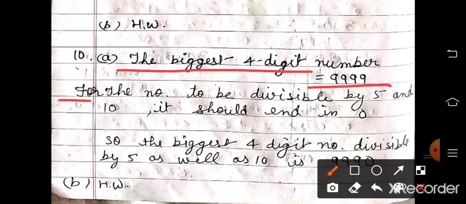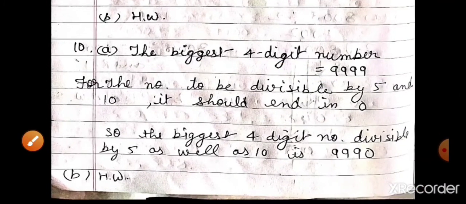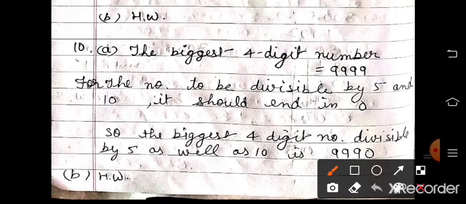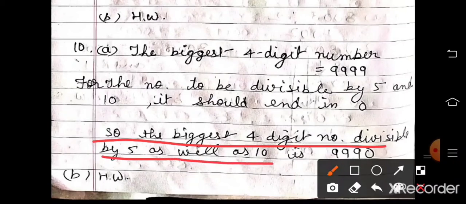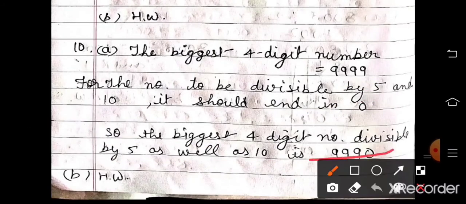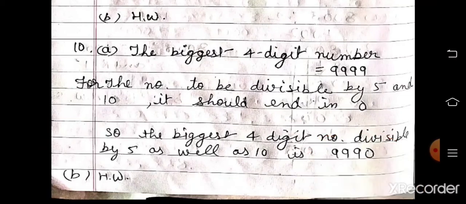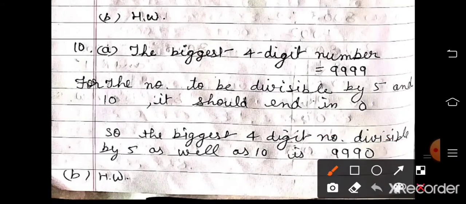For the number to be divisible by 5 and 10, it should end in 0. Okay, so for 0, here the biggest 4-digit number divisible by 5 as well as 10 is 9990. Okay, so here we have to subtract 9 from this number. We will get this number. Okay, now the B part is your homework.